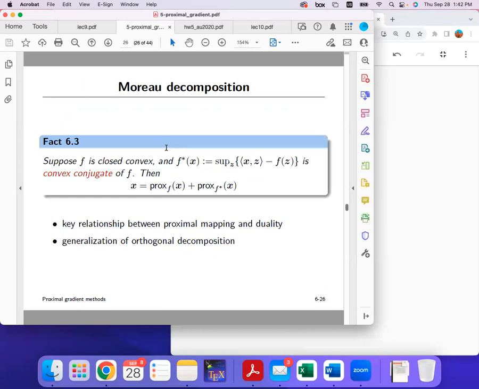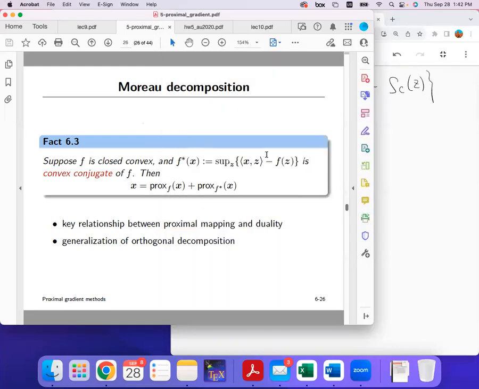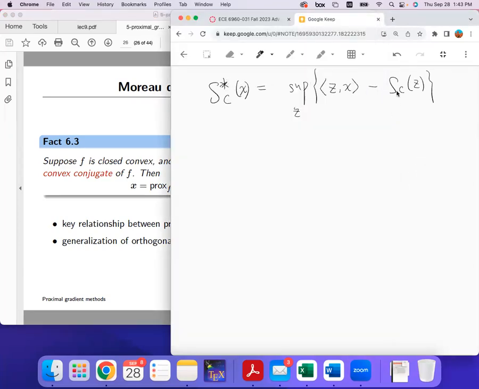The conjugate of f is defined as the sup over z of the inner product of z and x, minus the function evaluated at z. This function is your original function, the one without the star. Now our function is the support function.